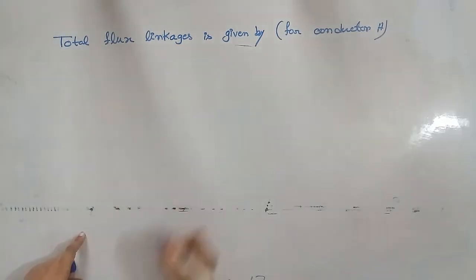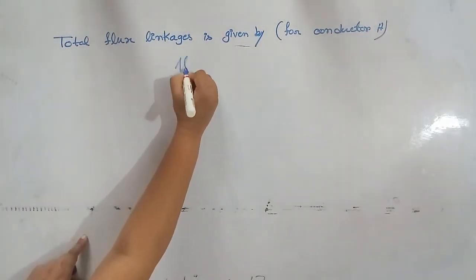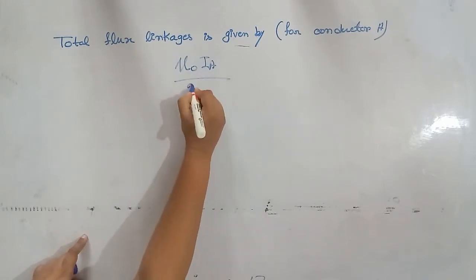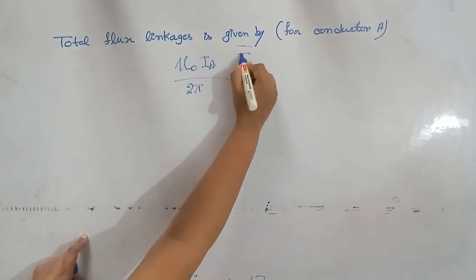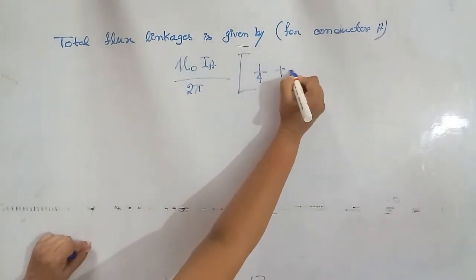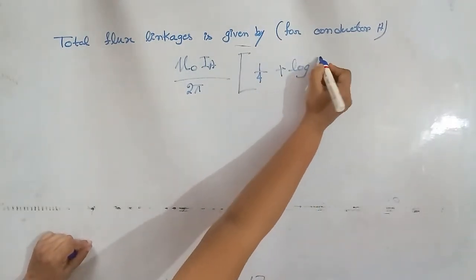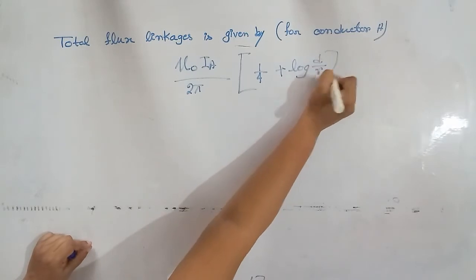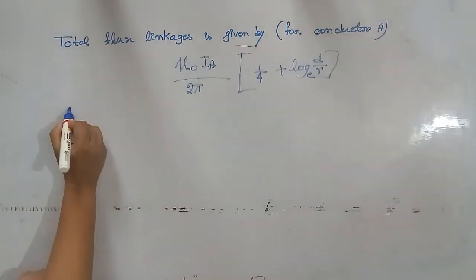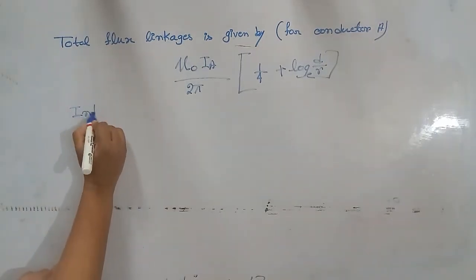So the total flux linkage is given by mu 0 IA by 2 pi, 1 by 4 plus log D by R. So what is the value of inductance?